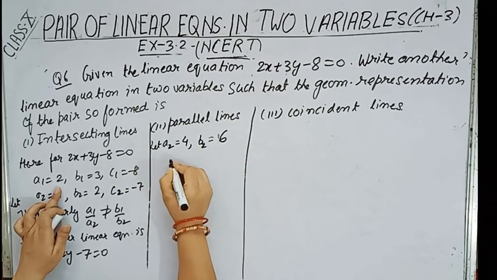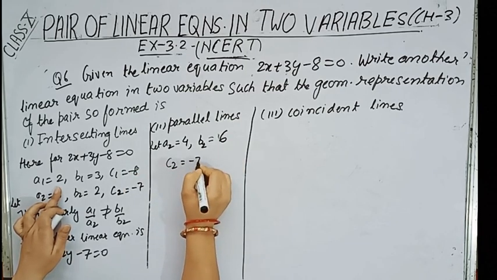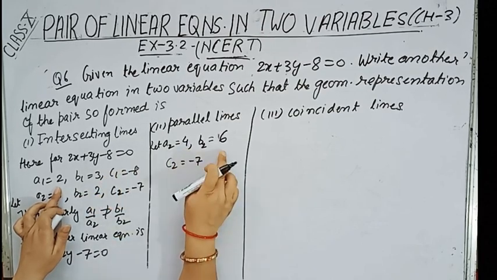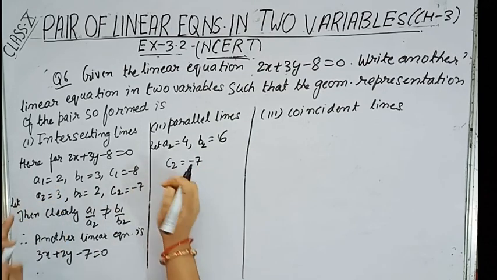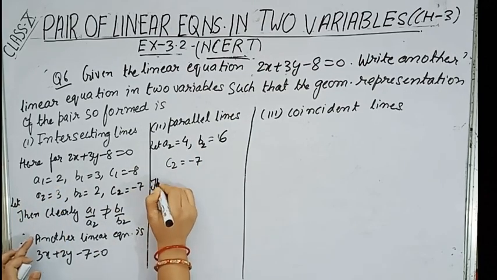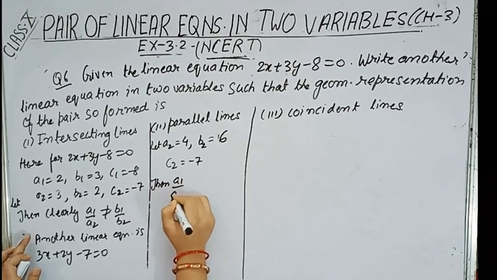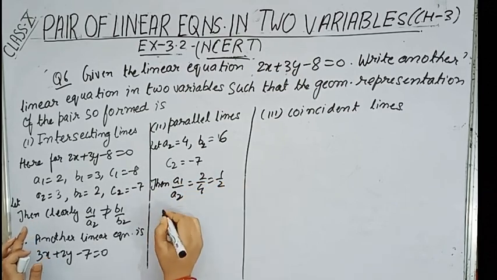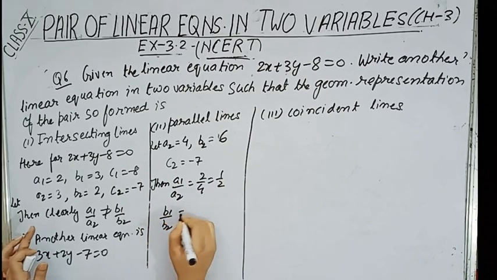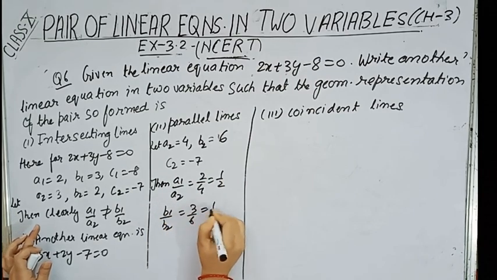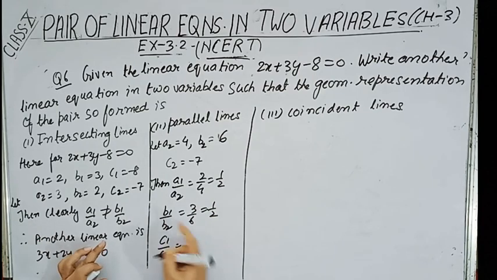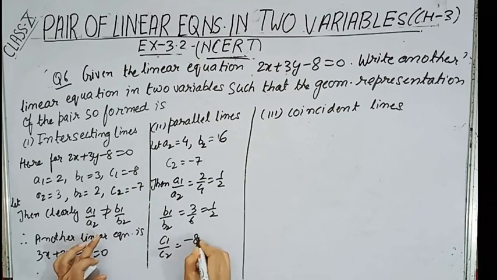So c1 is minus 8. So let us suppose c2 is equal to minus 7. So clearly a1 by a2 equals b1 by b2 is not equal to c1 by c2. Then a1 by a2 equals 2 by 4 equals 1 by 2. b1 by b2 equals 3 by 6 equals 1 by 2. And c1 by c2 equals, what we have taken, c1 as minus 8 and this as minus 7. So this equals 8 by 7.